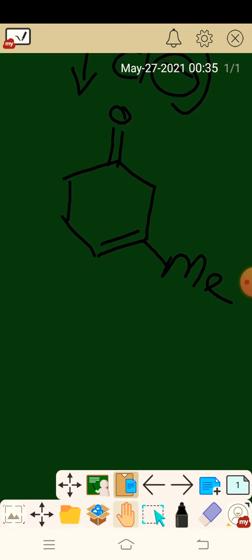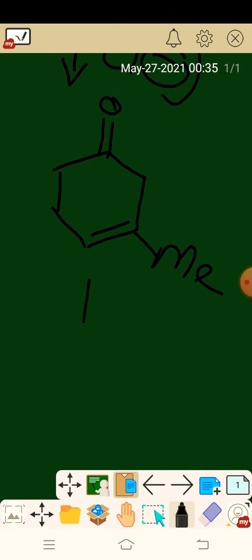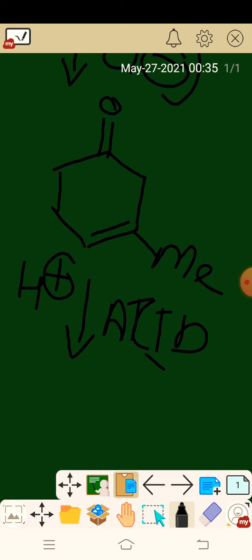Now in the next step, in the presence of acid which has an H+ ion, both this alkene and this carbonyl group have a possibility of forming a bond with the H+ ion, but the carbonyl group has a lone pair which is more likely to attack here, because this is more electronegative.